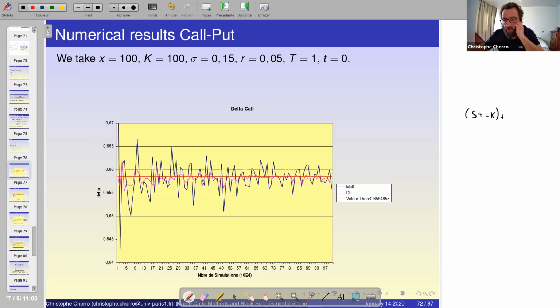I am in the situation where my contingent claim takes this form, where F of small x is just (x minus K) plus. Okay, I obtain this.